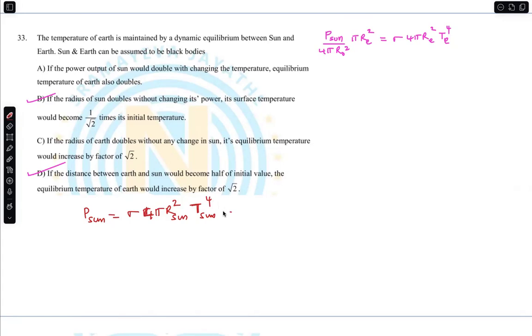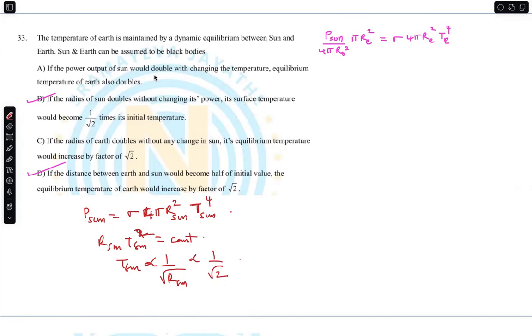If the radius of the sun doubles without changing its power, what happens? R sun squared into T sun to the power 4 is a constant now. So T sun is proportional to 1 by root R sun. You have doubled the radius, so 1 by root 2. Correct.